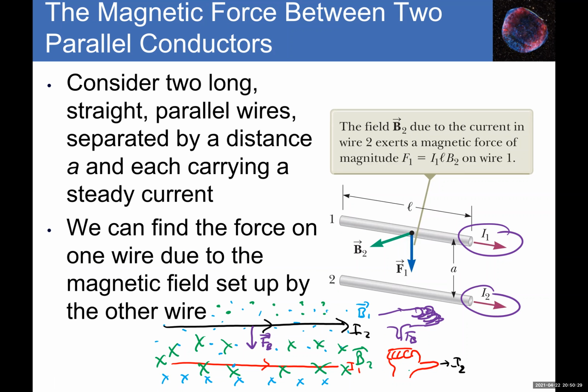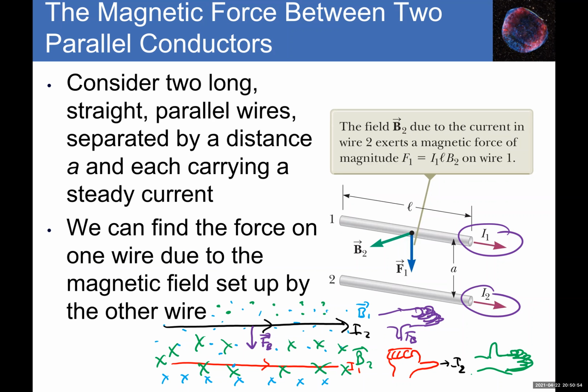Now wire 1 is sitting in a region where there is a magnetic field generated by wire 2. Using the same right-hand rule, my fingers are in the direction of current 1, then I curl them in the direction of magnetic field 2, which is now into the page. Then my fingers will curl like that, and my thumb will point upward.